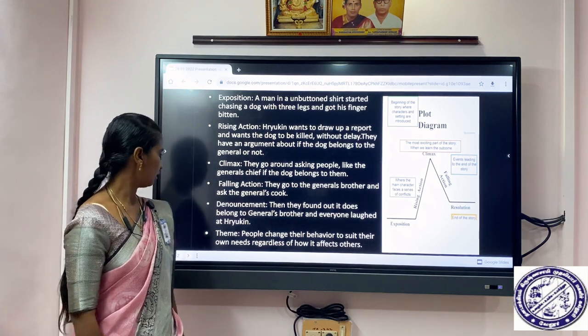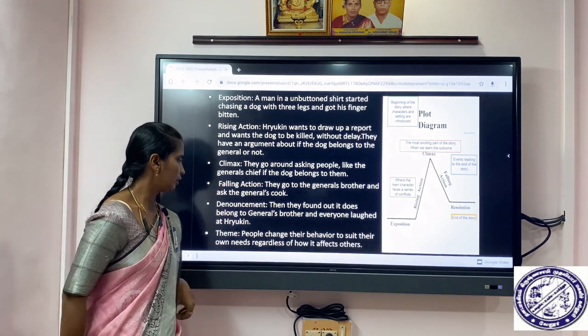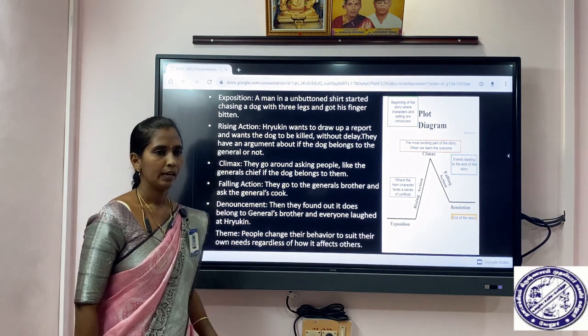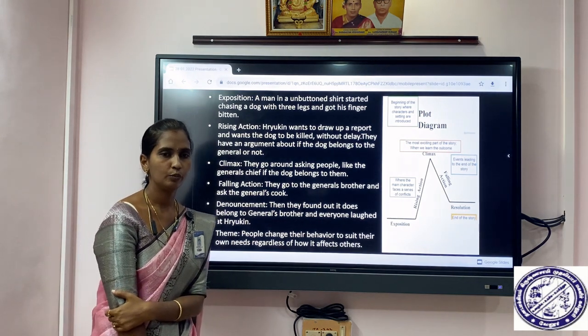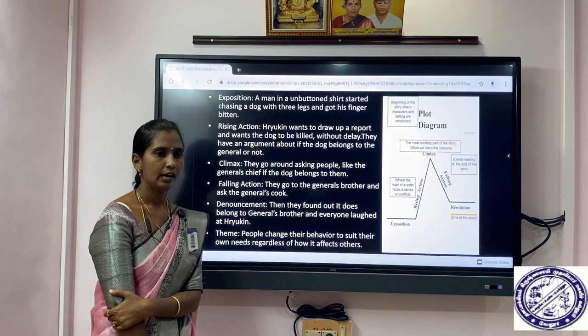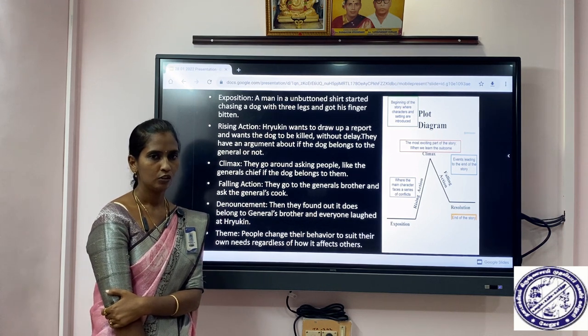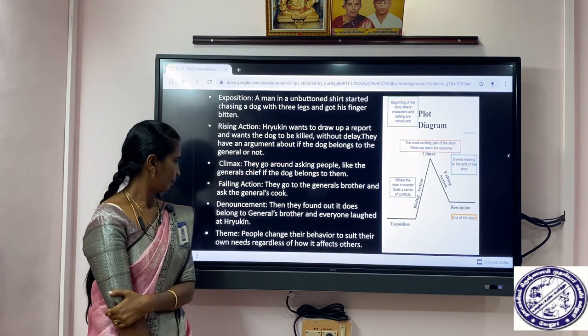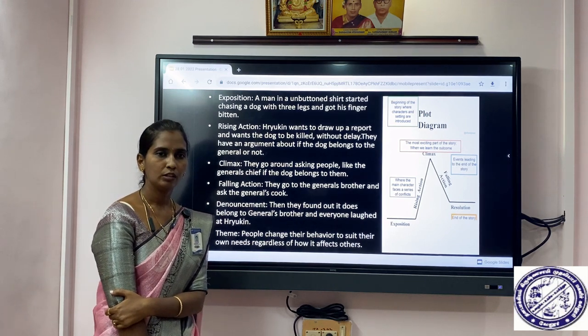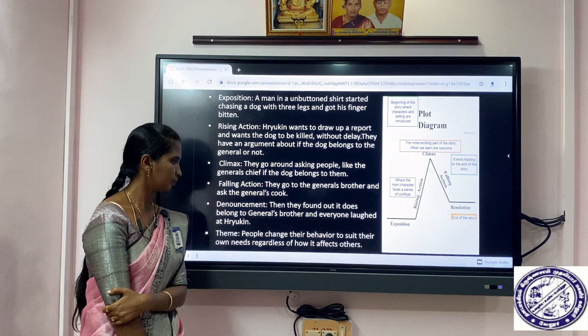The end of the story is when they discovered it's the general's brother's dog, and they let the dog go free, and they didn't claim any compensation, and they didn't kill the dog. And everybody was laughing at Rukin.